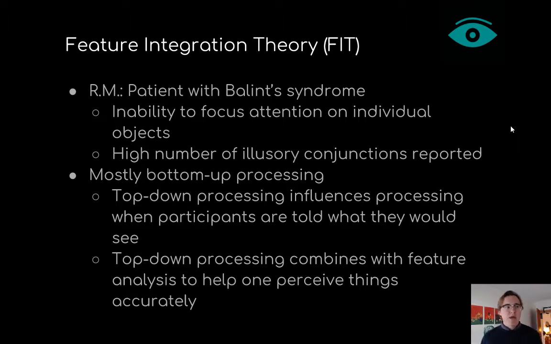Now, top-down processing influences processing when participants are told what they would see, and this is an attempt to impose meaning on those feature-based bottom-up processing components that are being bound together. And we need both bottom-up and top-down processing in order to accurately perceive objects.